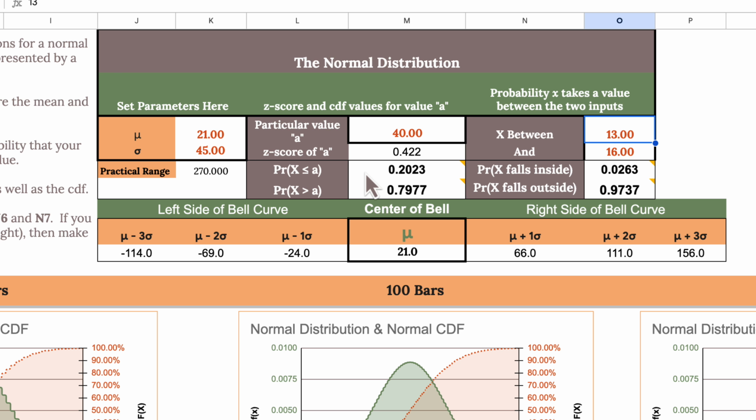These are your classic between problems. So what's the probability that x takes a value between 13 and 16 given a mean of 21 and a standard deviation of 45 and a normal distribution? Well, there is a 2.63% chance that x will fall within those bounds, which is to say that there's a 97.37% chance, using that same complement rule, that x is going to fall outside of the bounds, or any given data point is going to fall outside the bounds.